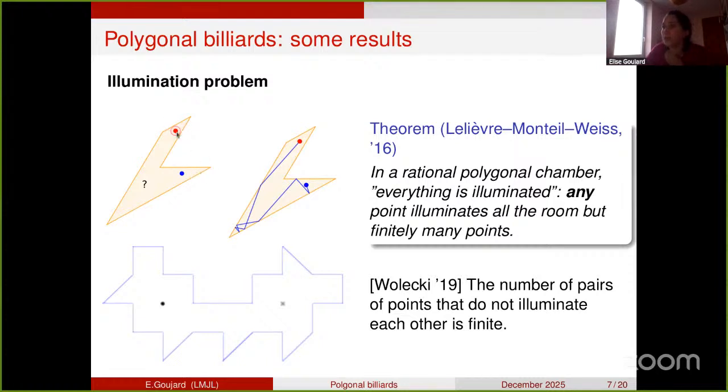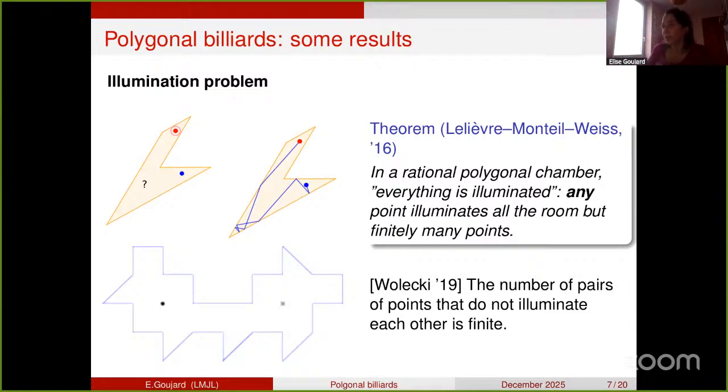And you ask the following questions. If you consider two points in this table, is there a billiard trajectory from the first one to the second one? Or if you fix a source, like this red one, can you be sure that it will reach any point in the billiard table via a billiard trajectory?